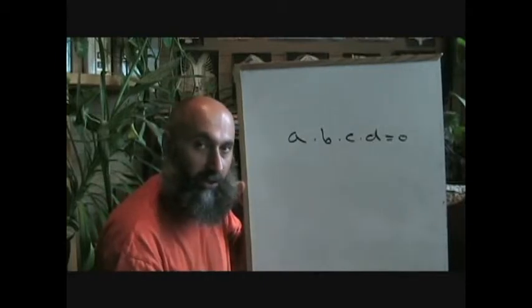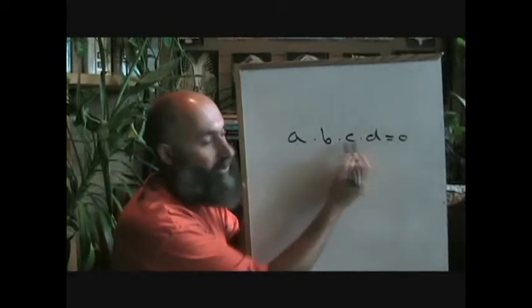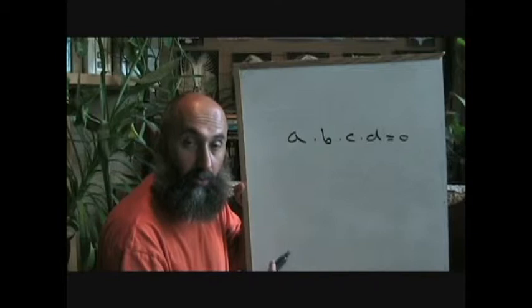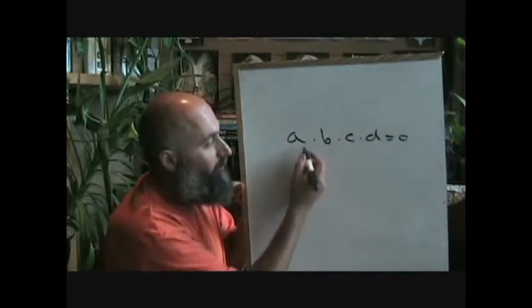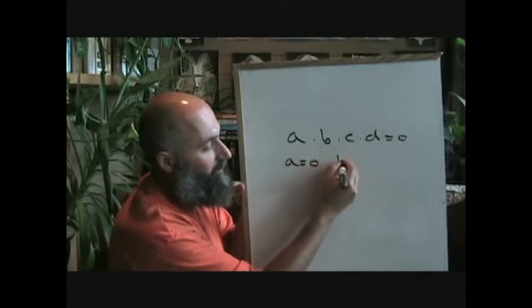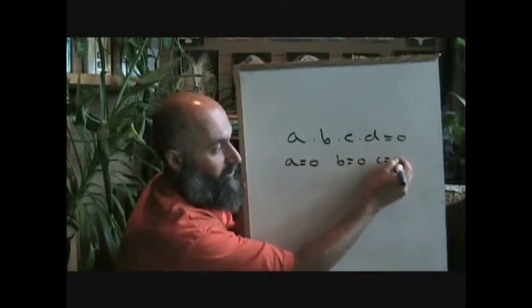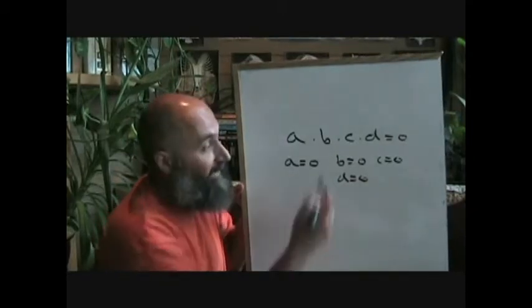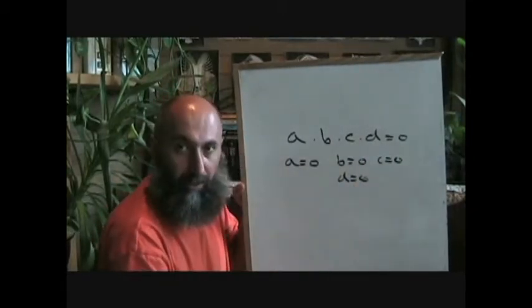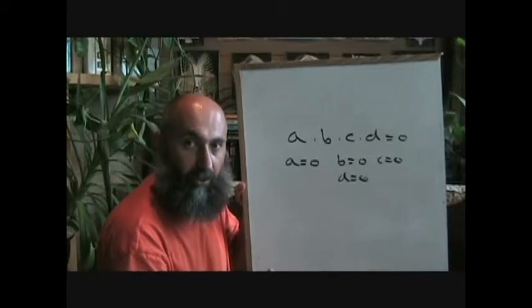And when we're solving equations, we don't know which one of these things is 0. So what we do is we solve for each one of them equaling 0. We set each one of these things equal to 0, because we don't know which one's 0, right? And this is the property of 0 that we're going to use to solve equations.